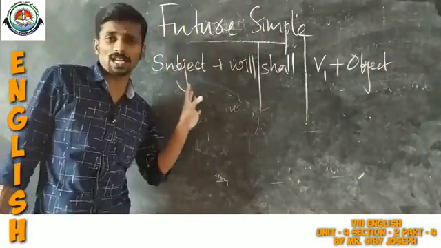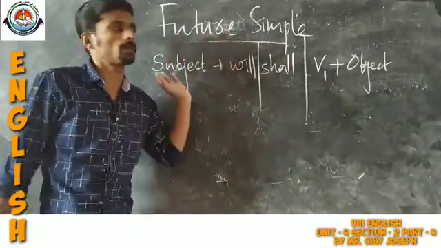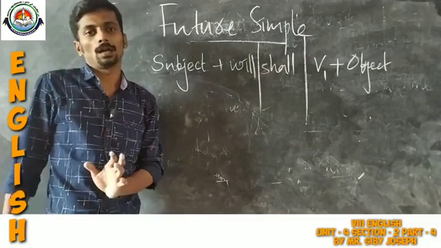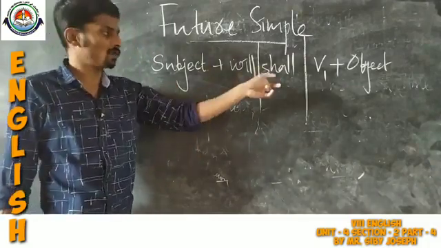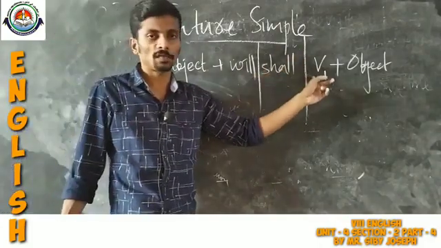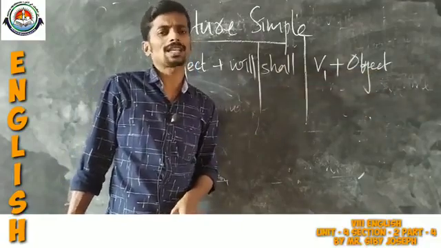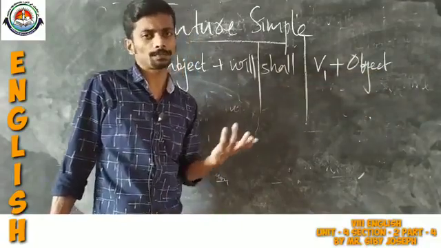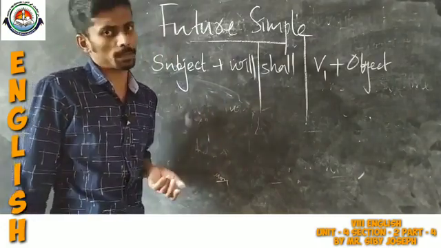You have to be very familiar with the structure of the future simple, then only you will be able to get familiar with the structure of the sentence. So, we have subject, then will or shall depending on the situation, then we have V1 form, then we have object. Now, let us go for analyzing a few examples.